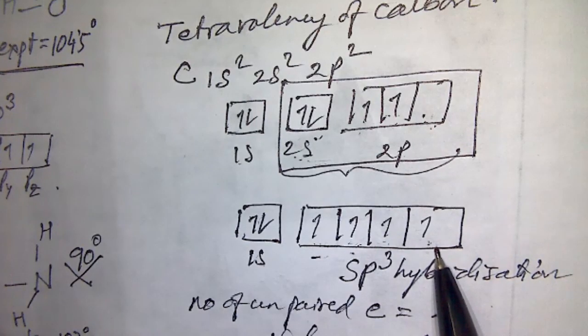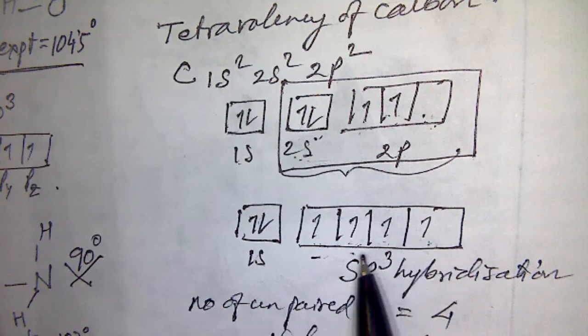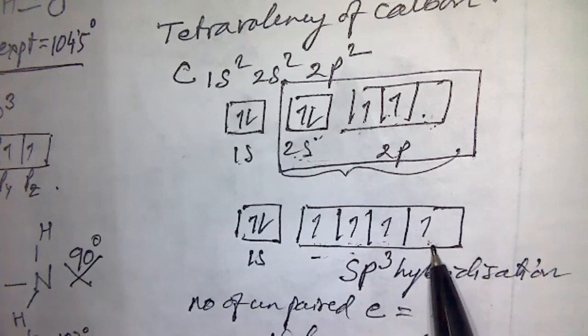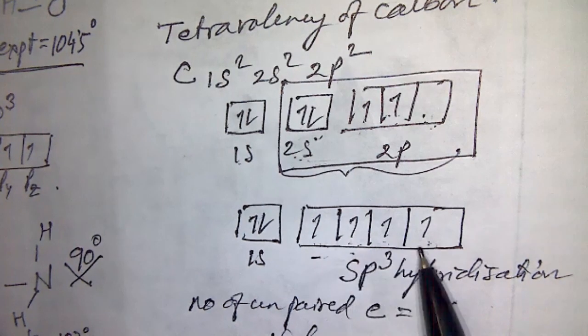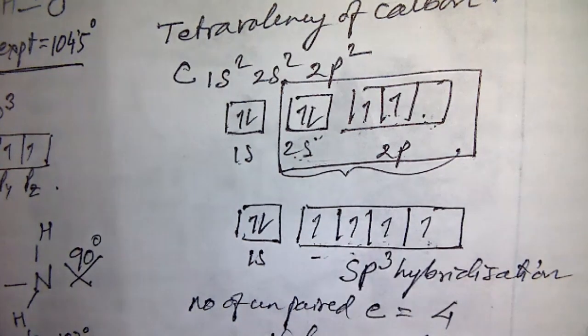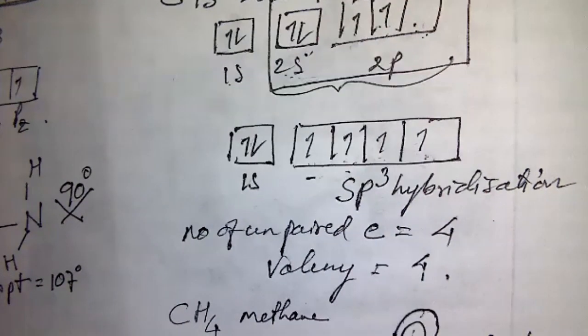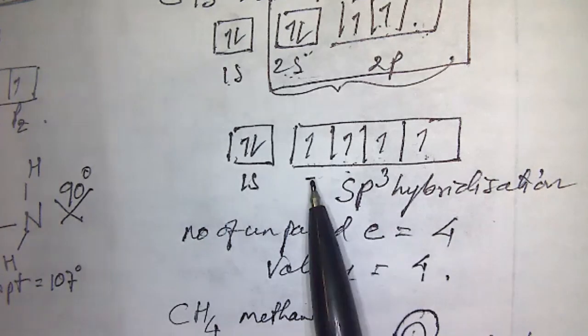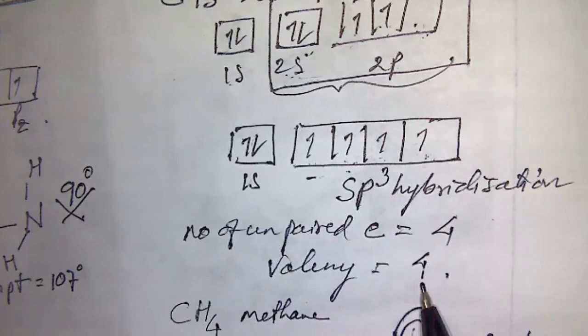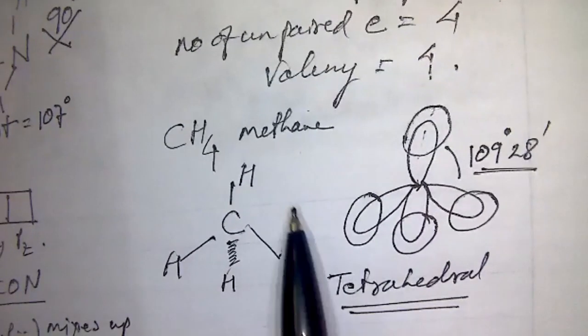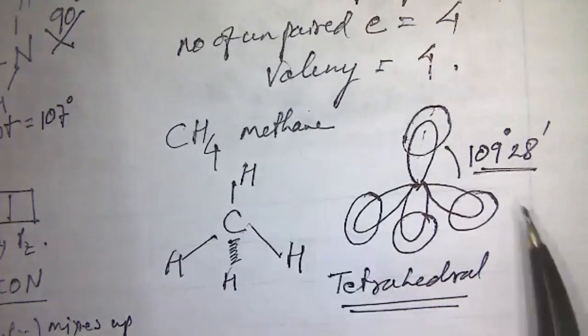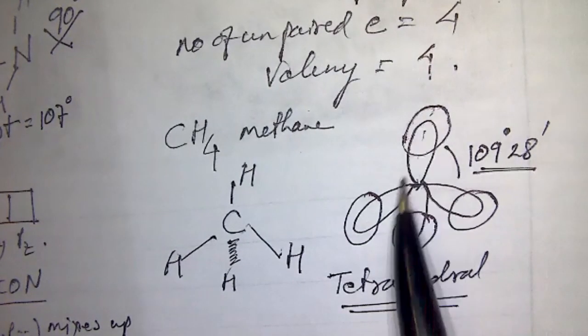And these orbitals we are filling will follow Hund's rule. Since they are identical, energy is same, therefore they are filled one at a time. So 1 electron, 1 electron, 1 electron, 1 electron. So one at a time. So what will happen? You get this sp3 hybridization. Understood? So this sp3 hybridization gives 4 unpaired electrons. That means the valency of carbon is 4. And with this valency 4 carbon, if I take an example, it can be methane. Carbon is here. These are the orbitals.